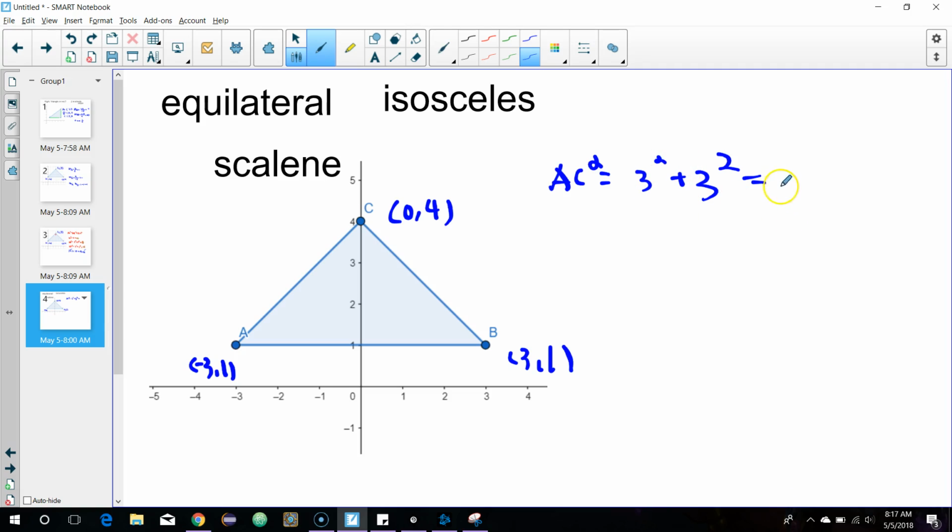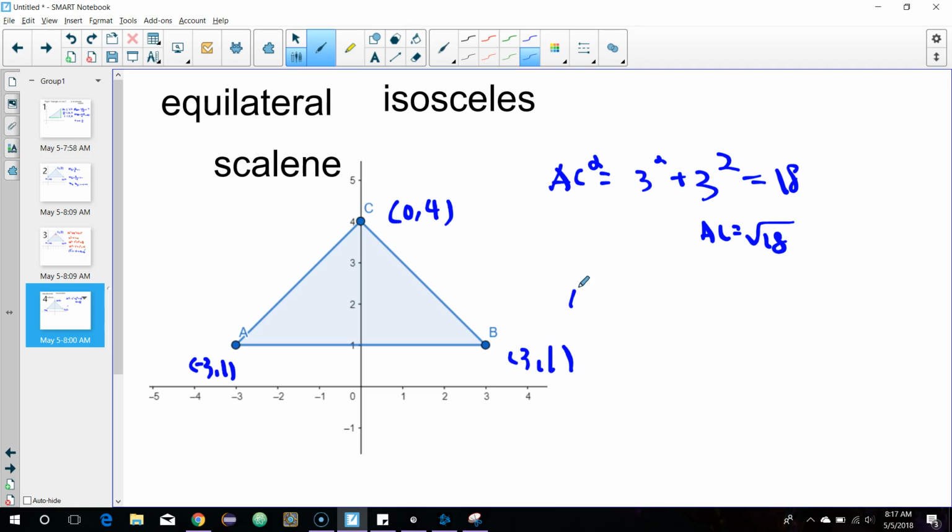This is going to be 18, so AB is equal to square root of 18. Find that first. In this kind of activity, there is nothing wrong with finding all 3 of them. Until you find all 3, you really do not have the whole picture.